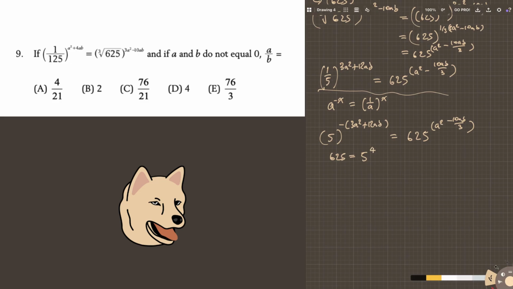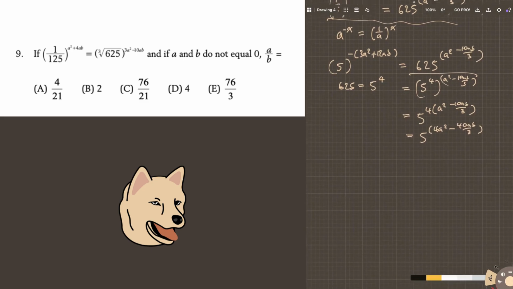Anyways, we can now further simplify this to say 5 to the power of 4, to the power of (a squared minus 10ab) over 3, which is equal to 5 to the power of 4 times (a squared minus 10ab) over 3, which is equal to 5 to the power of (4a squared minus 40ab) over 3.